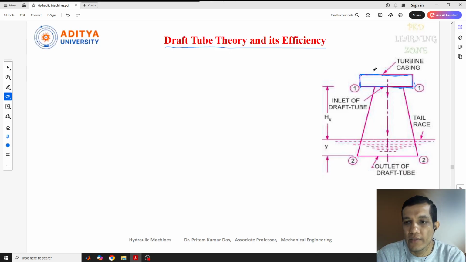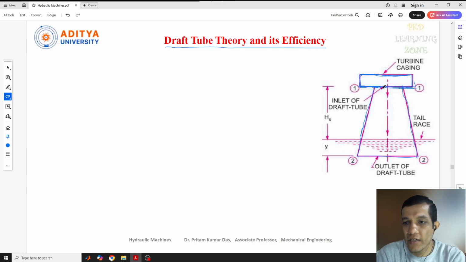This part is our turbine, this is the turbine casing, and this is the exact outlet of the turbine, from where the draft tube is connected. This is the structure of the draft tube, the types of which we saw in the last lecture. Here we consider a conical type draft tube to understand the theory.